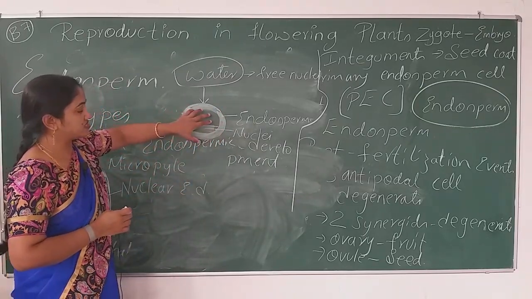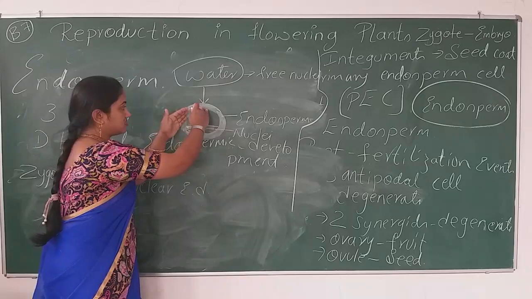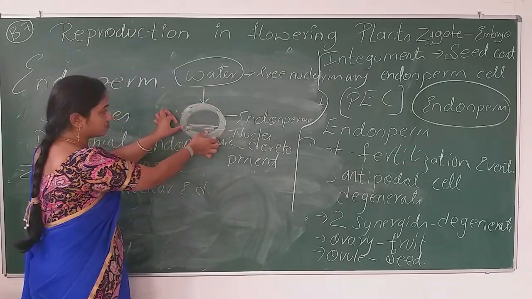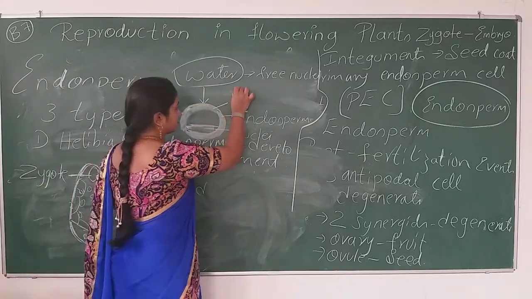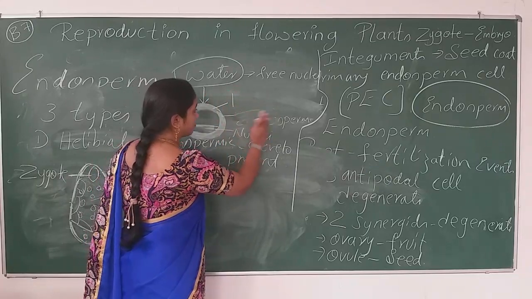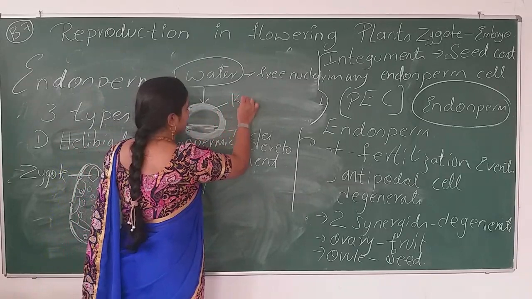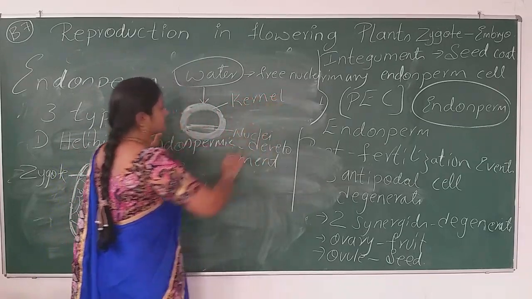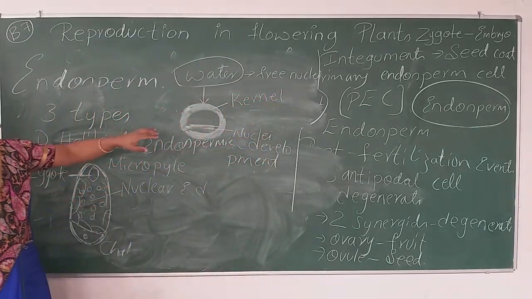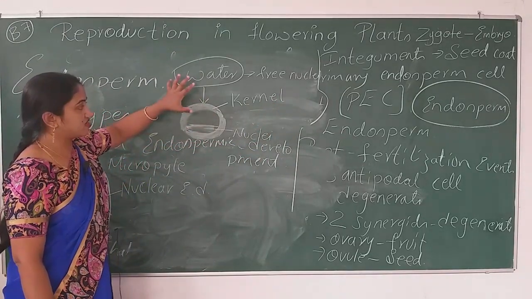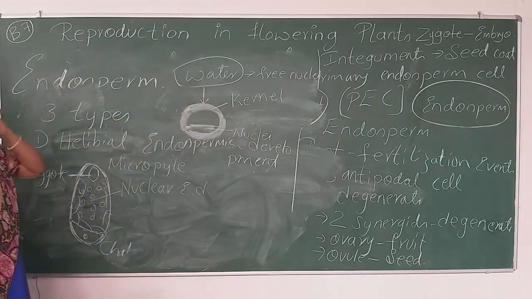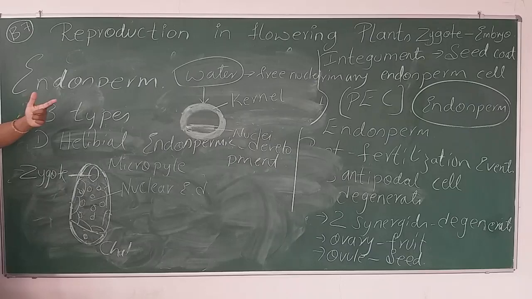After the division of cells, the thick part that forms in the coconut, I have written here as endosperm. Actually that is not an endosperm. It is the kernel of the coconut. So both developments are seen in the coconut.